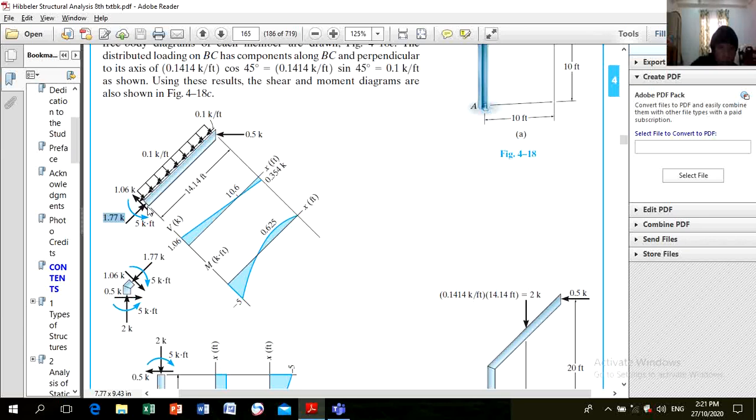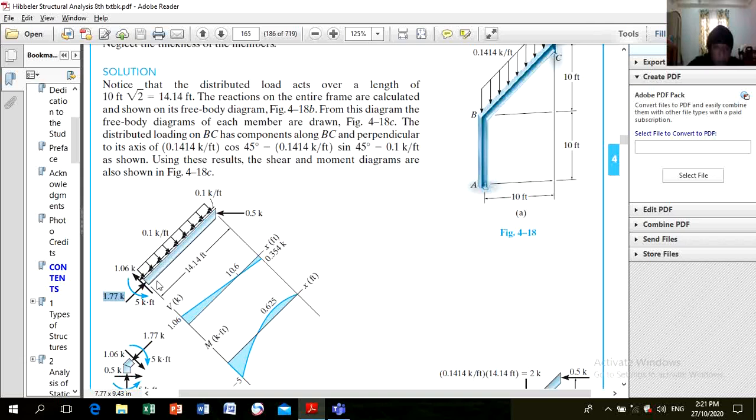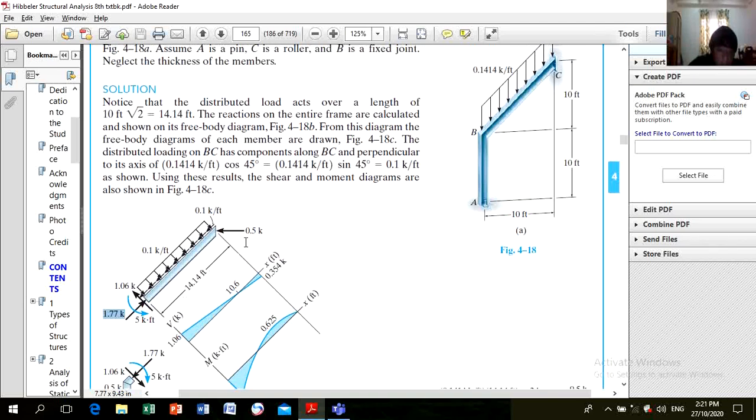It will be 0.1 times 14.14 times 14.14 divided by 2, minus 0.5 times the moment arm of this 0.5, which is 10.